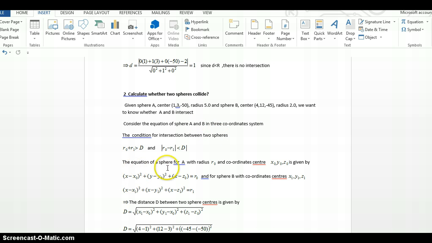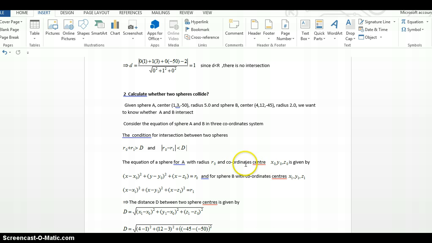So given two spheres A and B, we have this center coordinate for the sphere and the radius of the sphere, and for B we have these center coordinates and the radius of the sphere is this. Then the equation of the sphere for A is this, and the equation of the sphere for B is this.